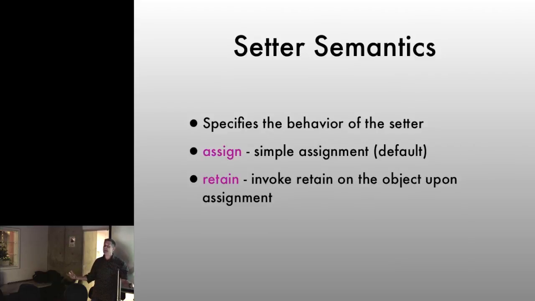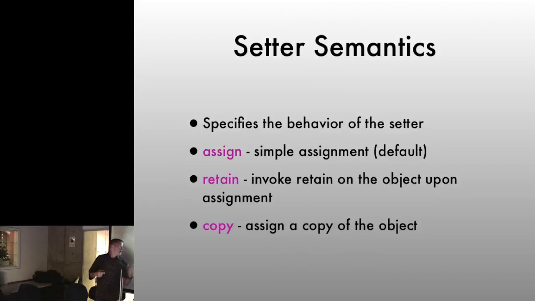So this is a really handy way to do all-in-one, to create an object, and once you use this setter, like on a string, you can automatically have retain called. There's also copy, which makes a copy of the object. This actually calls the object's copy method.